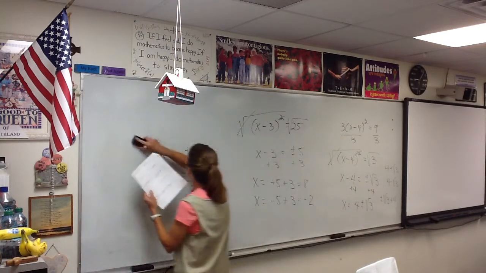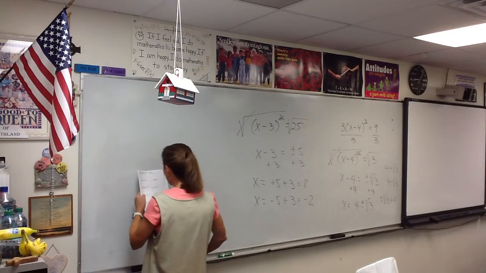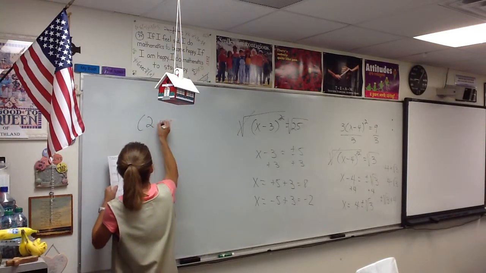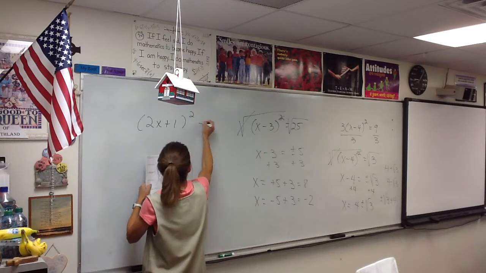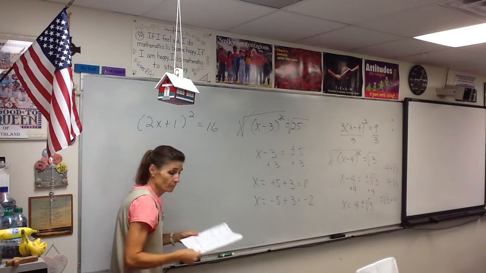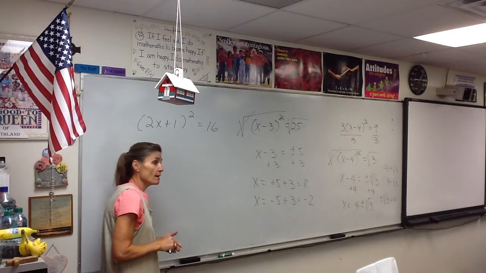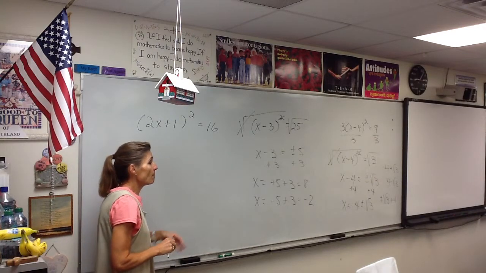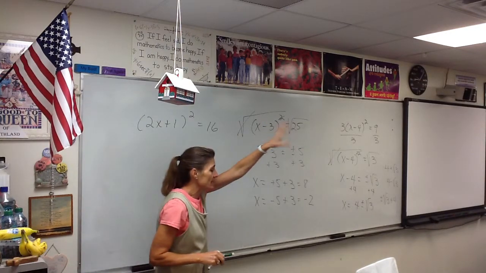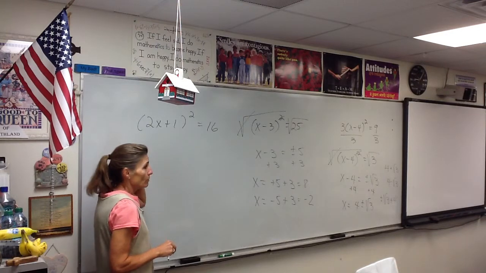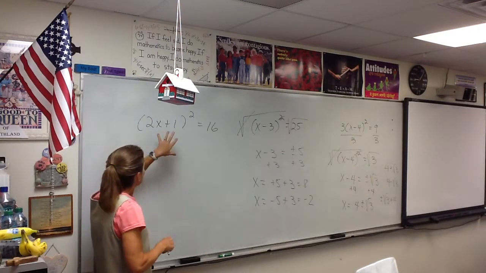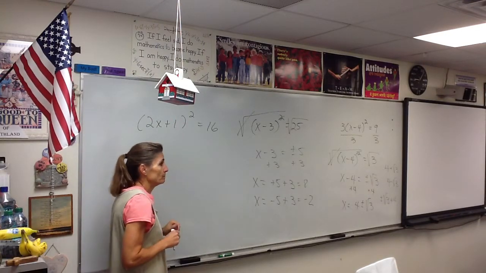Okay, let's look at D. And then I'm going to give you a chance to practice a couple. Let's see. How about some Katie over there at that table? One of you. Step 1.